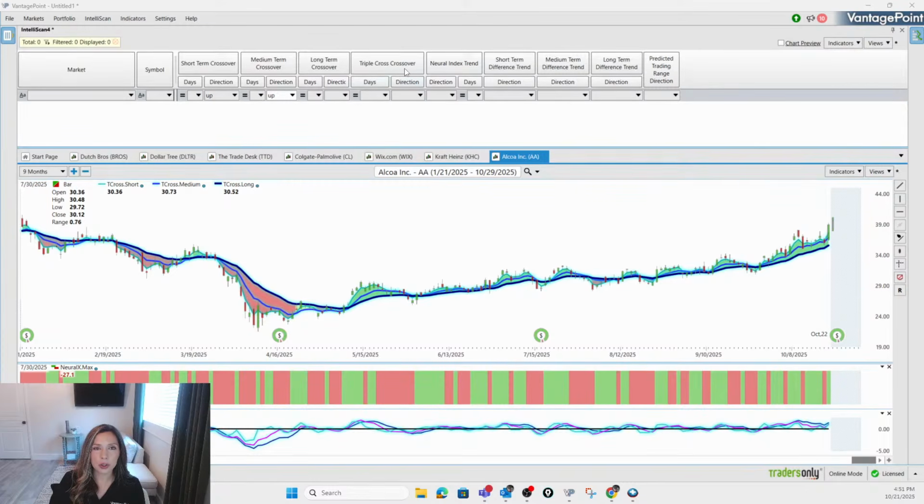Now, looking at your triple crossover, remember, we're looking for something that's been down for a while. We're looking for something that's been trending down significantly for a good period of time, and maybe that's like a cycle. Typically, a cycle is 28 days in the market. That's 28 calendar days, so typically that's 20 to 21 trade days, if you will.